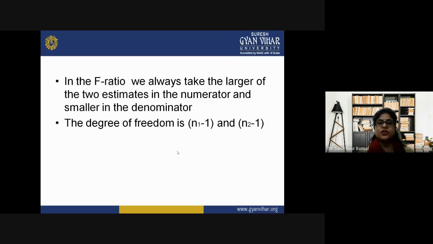In the F ratio, we always take the larger of the 2 estimates in the numerator and the smaller in the denominator. Okay, so this has to be remembered by you when you are applying the formula. You take the larger of the 2 estimates in the numerator, that is the upper side, and the smaller in the denominator, at the lower side. So the degrees of freedom are N1 minus 1 and N2 minus 1.